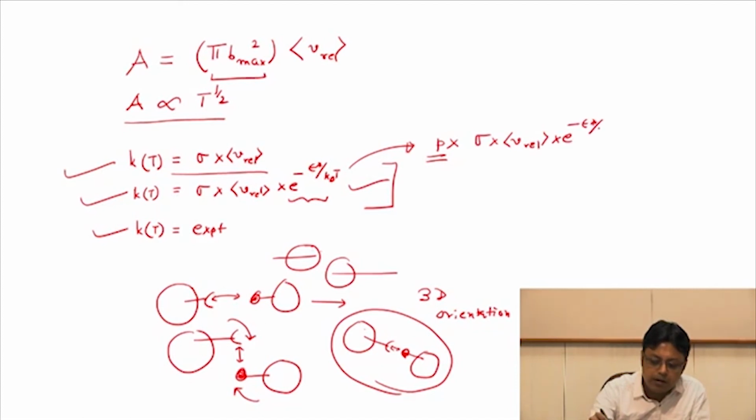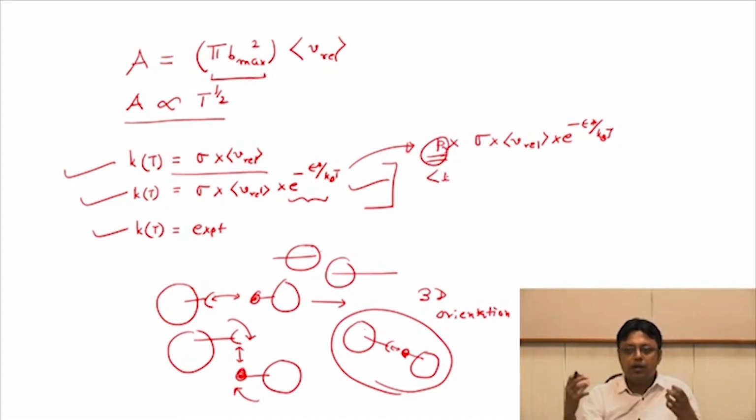This probability factor will always be less than 1. If these molecules behave like hard spheres, then this probability factor is equal to 1, and whatever we just derived is perfect.